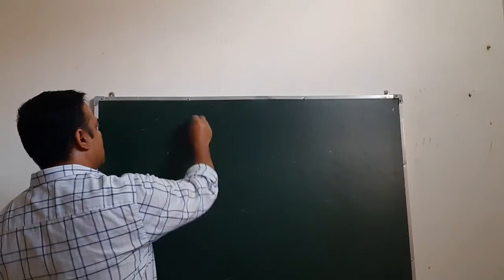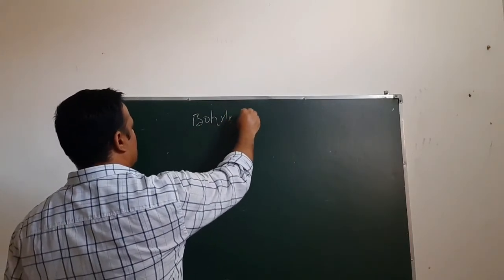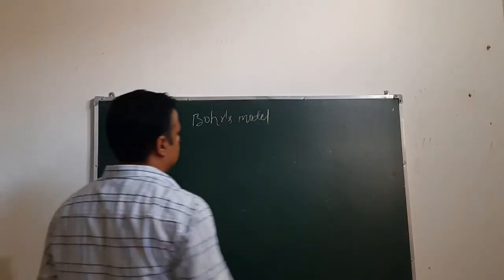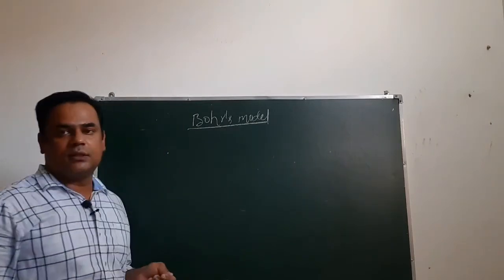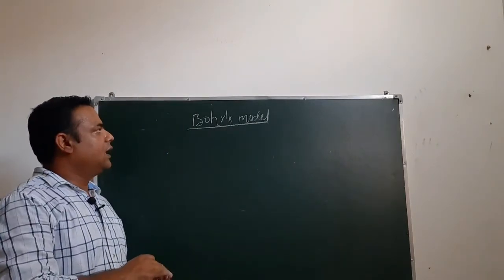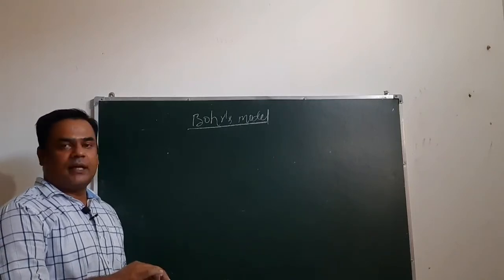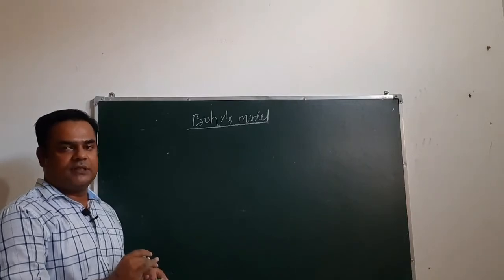Next is Bohr's model. The scientist's name is Niels Bohr. Niels Bohr further modified Rutherford's model. At that time, Maxwell was a very great physicist.